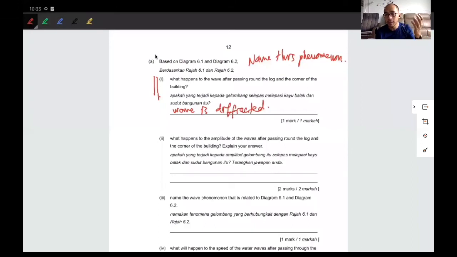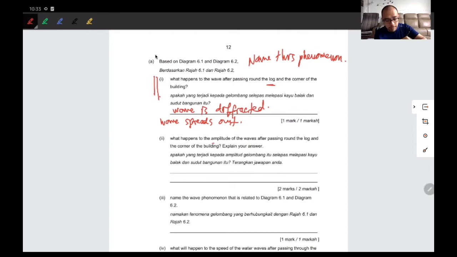If you want to make your answer a little better, you can say the wave spreads out, because that's the meaning of diffraction: the spreading of waves after it passes through a gap or an obstacle. In this case, this is an obstacle, because the wall is an obstacle, and this log is an obstacle. So the wave spreads out.